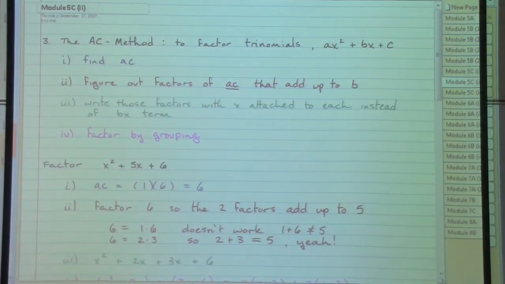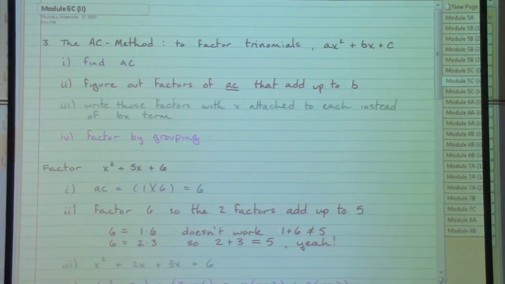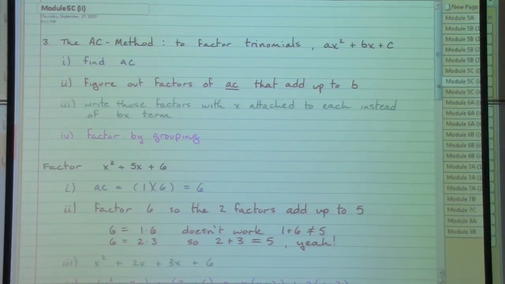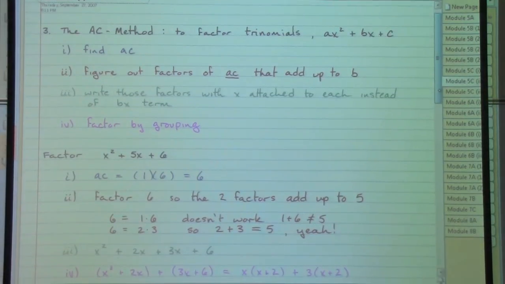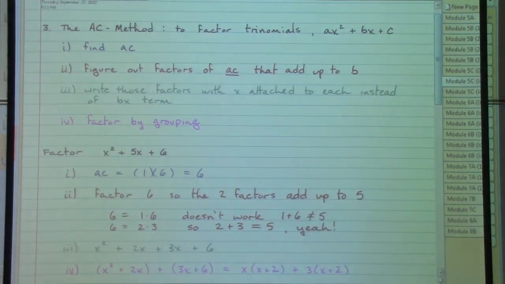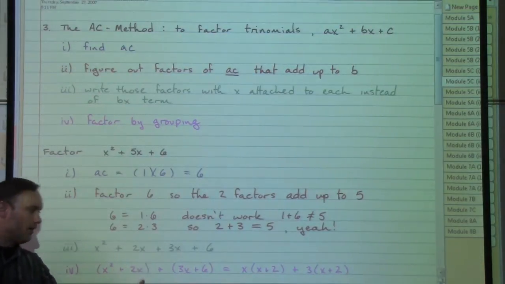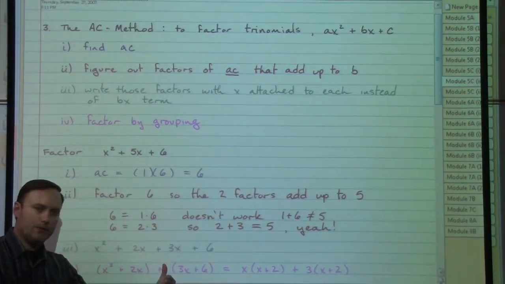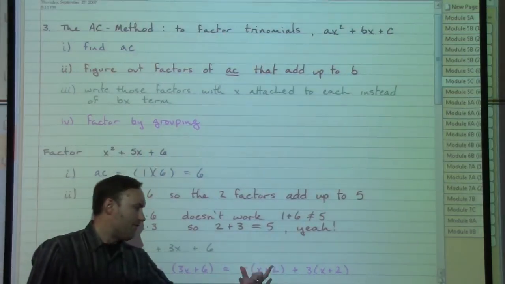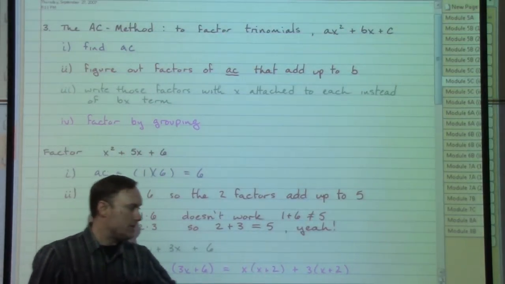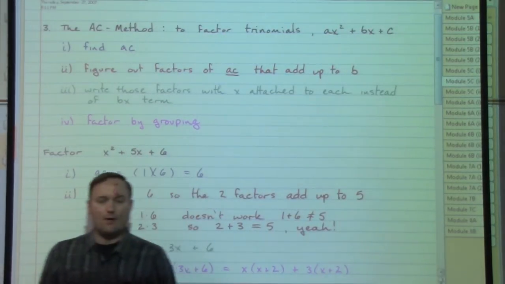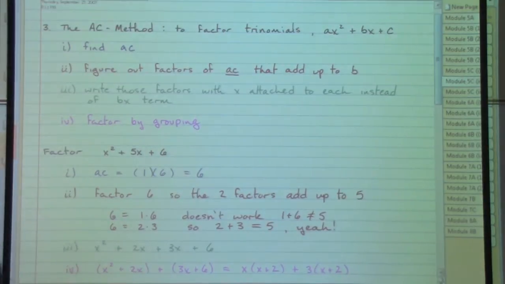So we just say step 4, factor by grouping, and what we mean is that we've got to go through those individual steps where we would group the first pair, group the second pair, put a plus sign in the middle, factor the first pair of parentheses, factor the second pair of parentheses using our GCF idea.